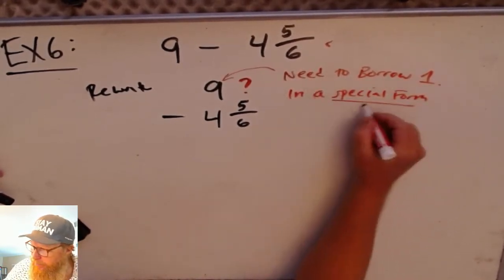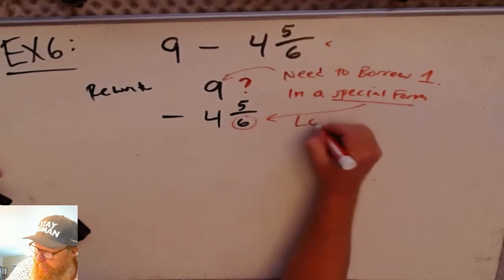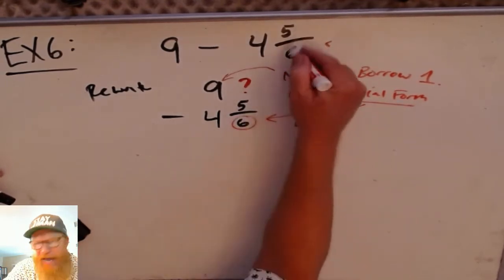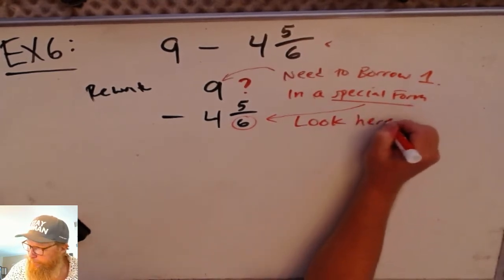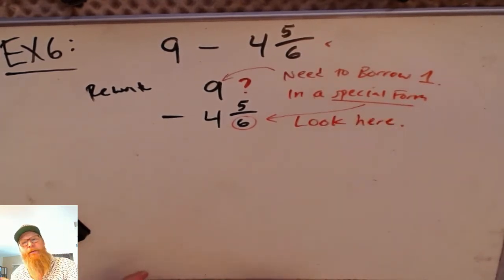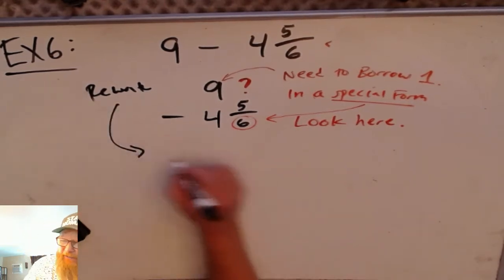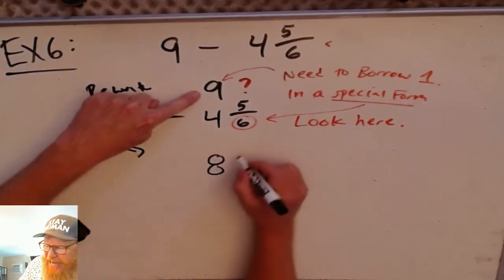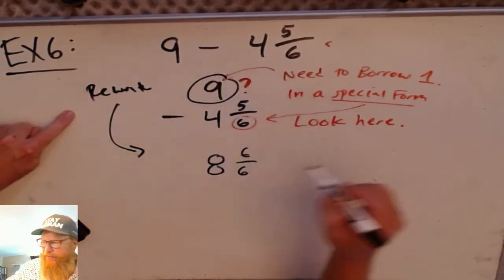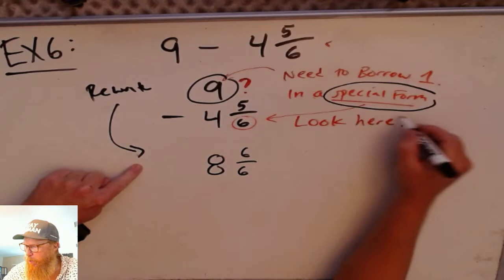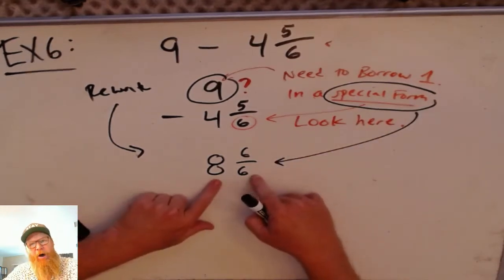And that special form is going to have the same denominator as the other piece of the fraction. So we're going to rewrite this as 8 6/6. That's the special form of 1.